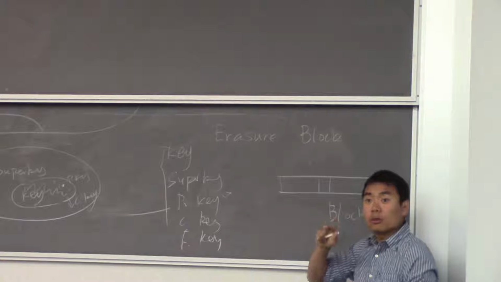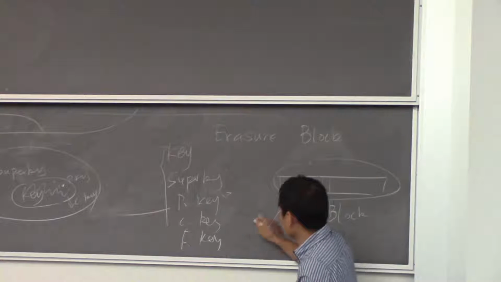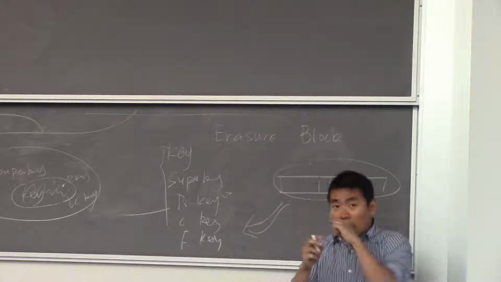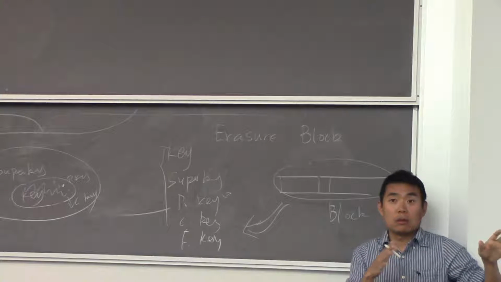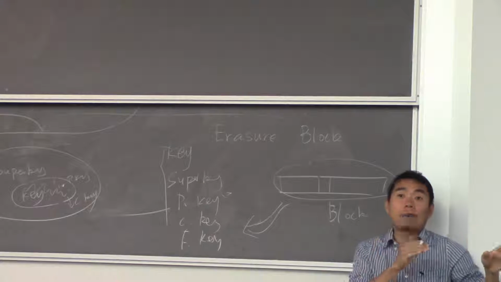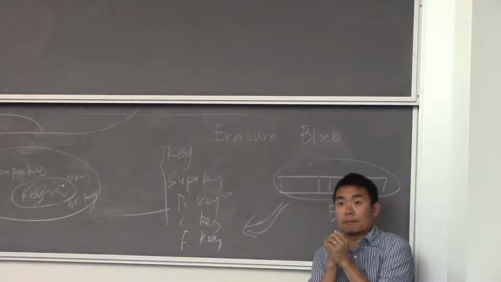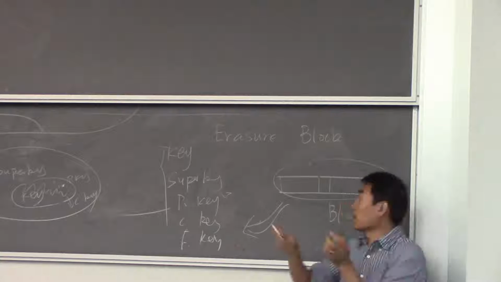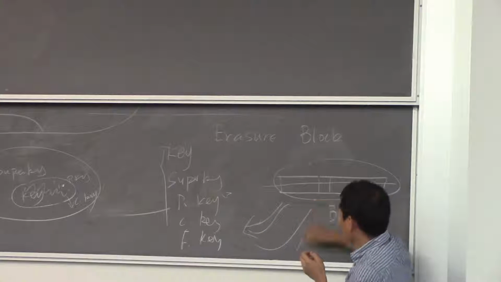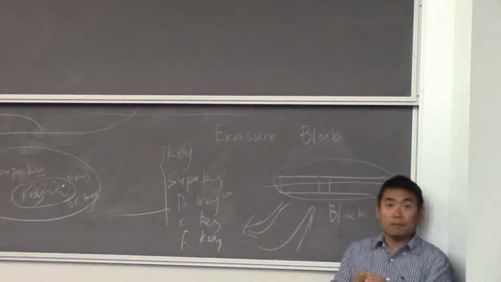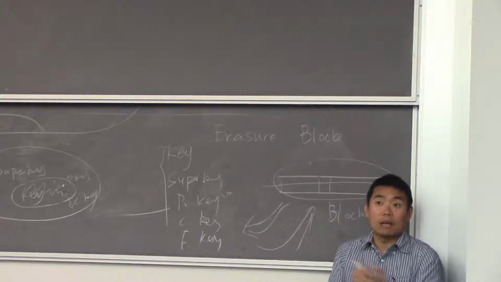What you have to do, if it's a solid state drive, is copy this whole block out to a particular location, update it, and write it back. That's why it's called erase block. You have to copy it out, erase this, update, then write it back. So this is really expensive, as you can tell, right?